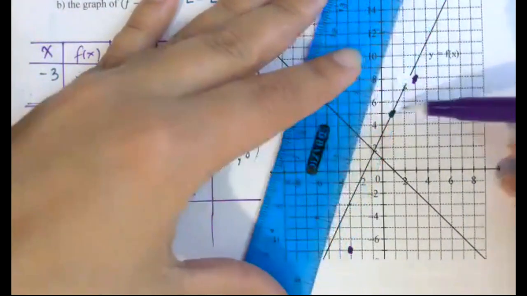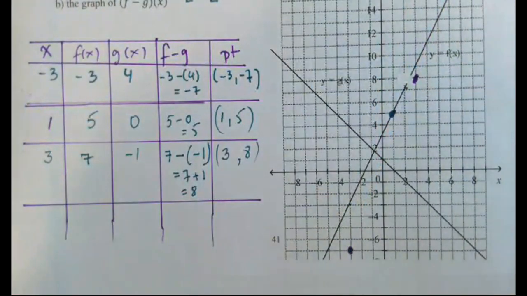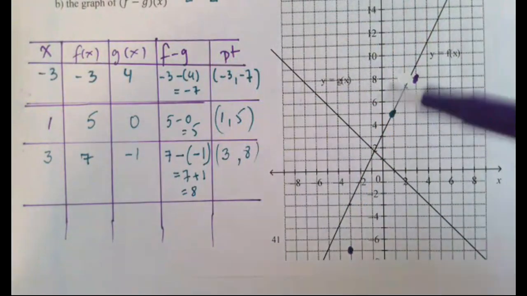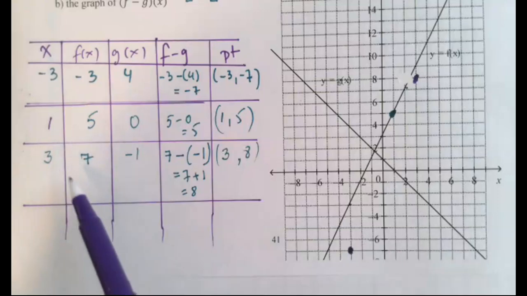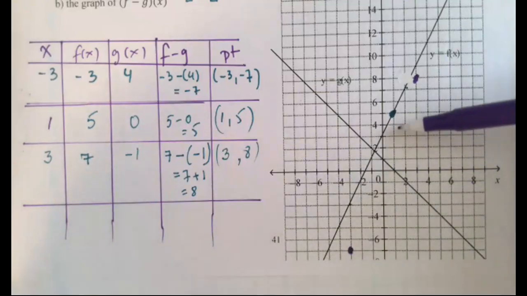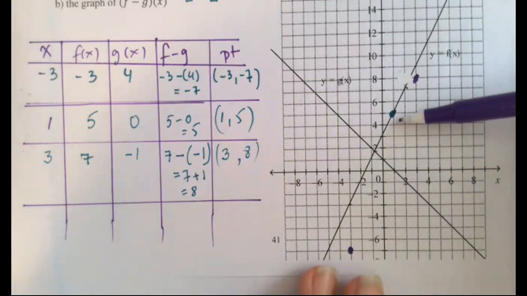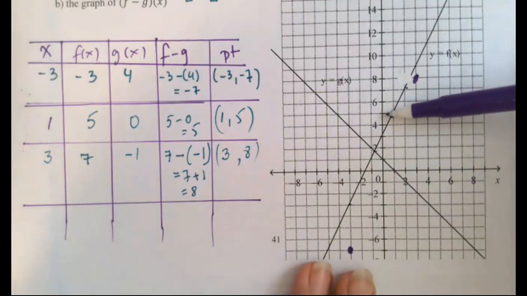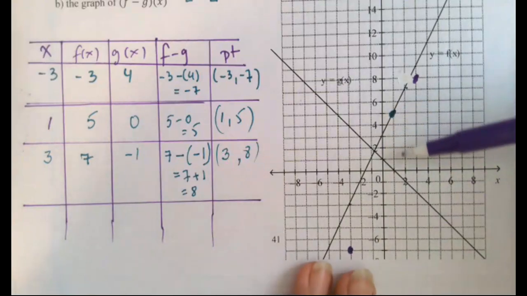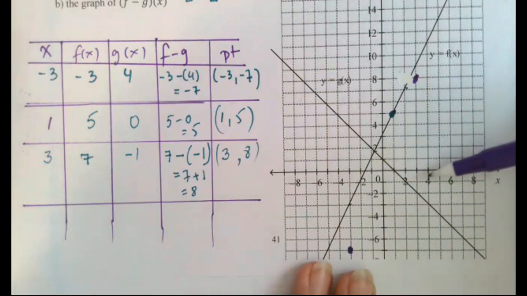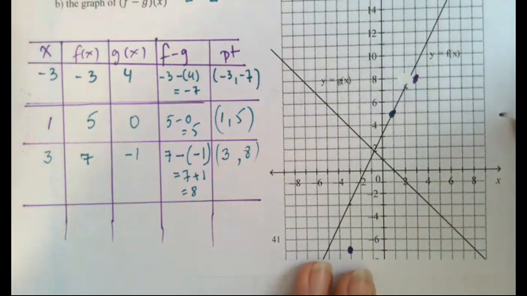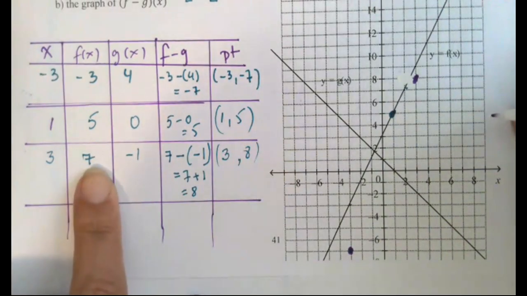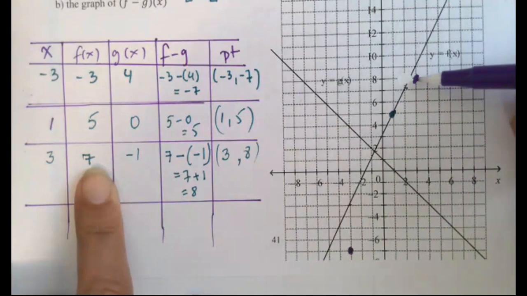So it looks like something is wrong. Let's see which one is wrong. -3 is -7. 1: function f is at 5, g is at 0, that's 5. So (1, 5), that's correct. 7 is for the function f.